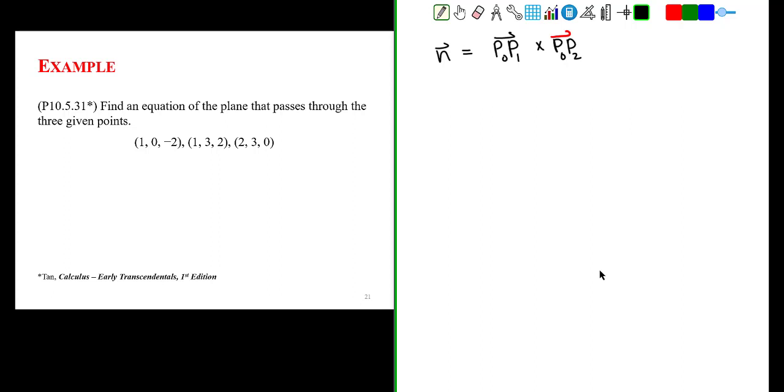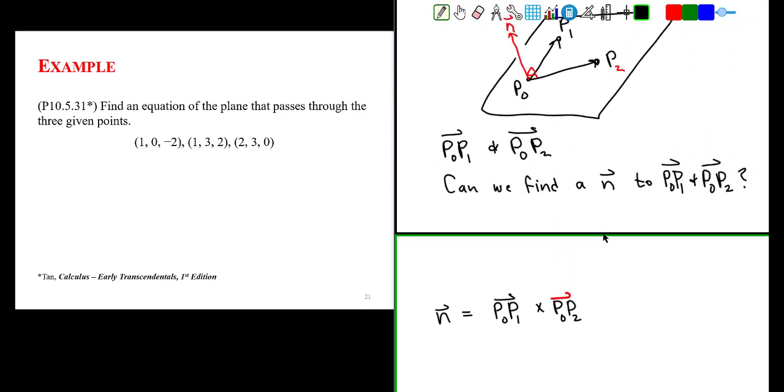Now, if we look at the picture we just drew, and if we apply the right-hand rule, based off of this picture up here, notice how that normal vector is pointing up. This would correspond to the cross product between P0P2 cross with P0P1.